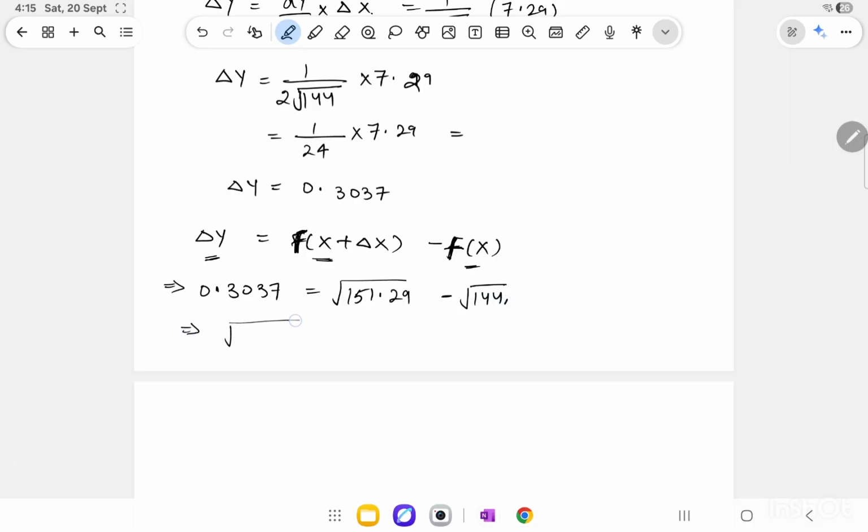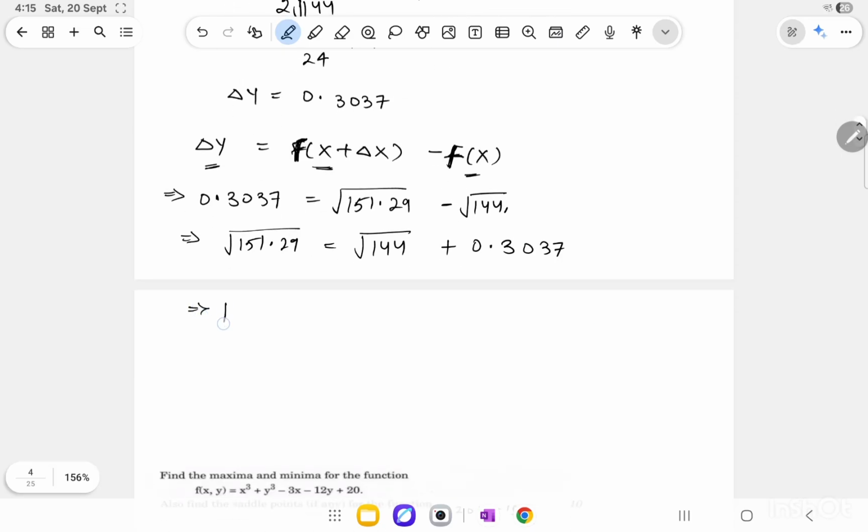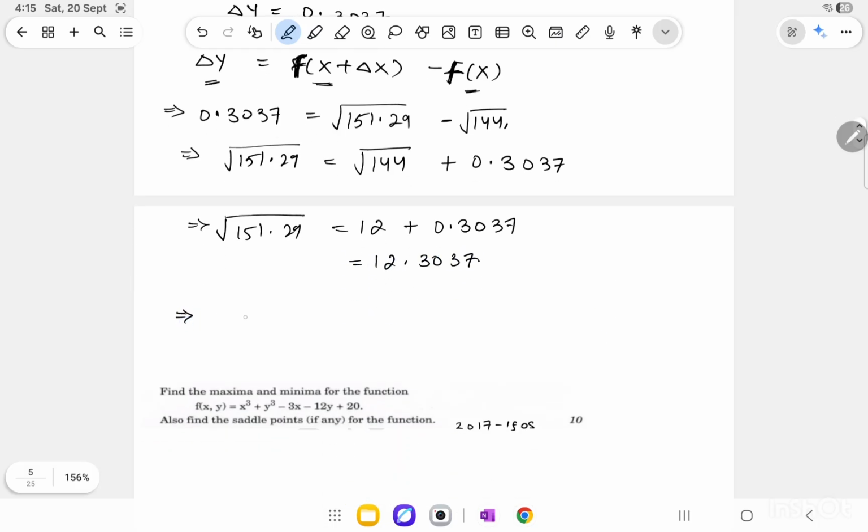So from here the square root of 151.29 equals root 144 plus 0.3037, that is 12 plus 0.3037, which is 12.3037. So this is the value of the function at the given point.